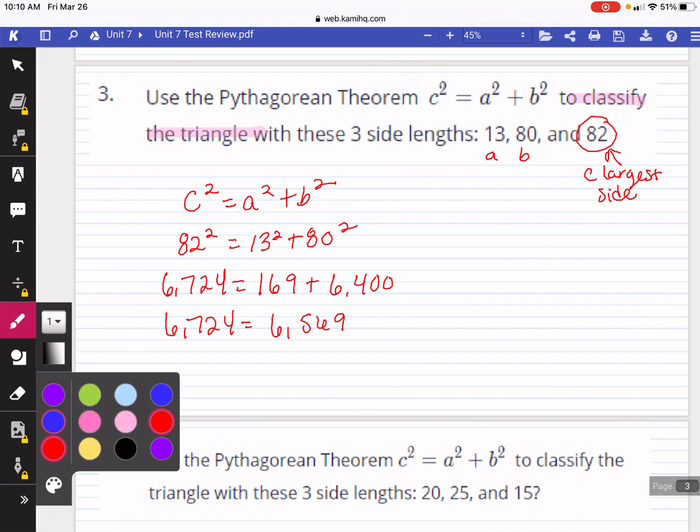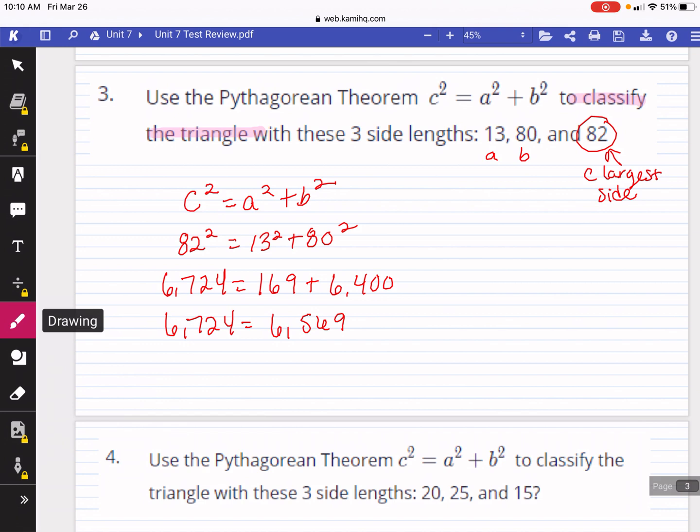So now you notice these are not equal. So you want to check how they compare. 6,724 is actually greater than 6,569. So when you're classifying your triangles, if it's greater, it's going to be an obtuse triangle.